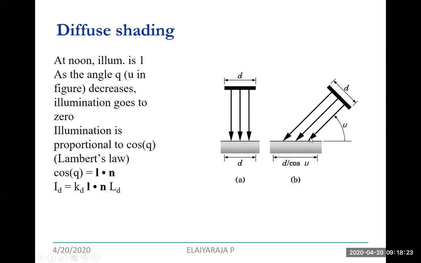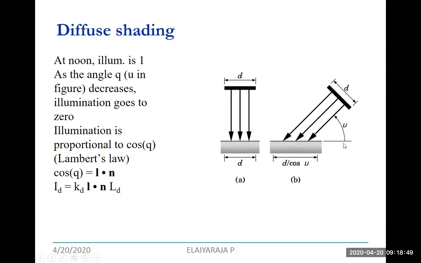The illumination is proportional to cos theta, where here you are going to calculate the angle at which diffuse light hits the surface, and here you check the light source multiplied with the normal vector.